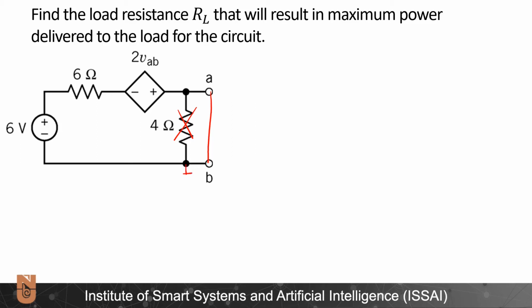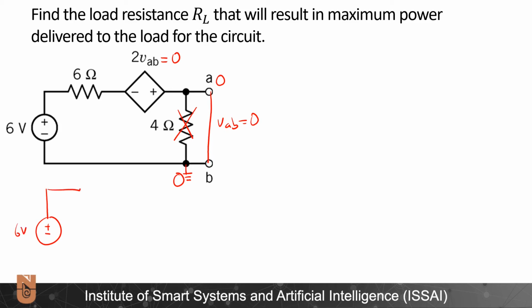If I have the reference node here, I will have 0 volts here and 0 volts here as well. And VAB will be equal to 0 volts too. And then 2 VAB is equal to 0 as well. And the whole circuit reduces itself to this very trivial circuit.